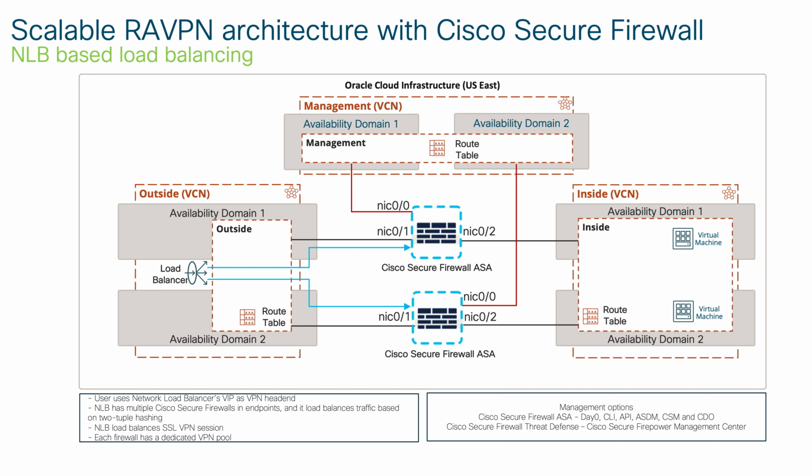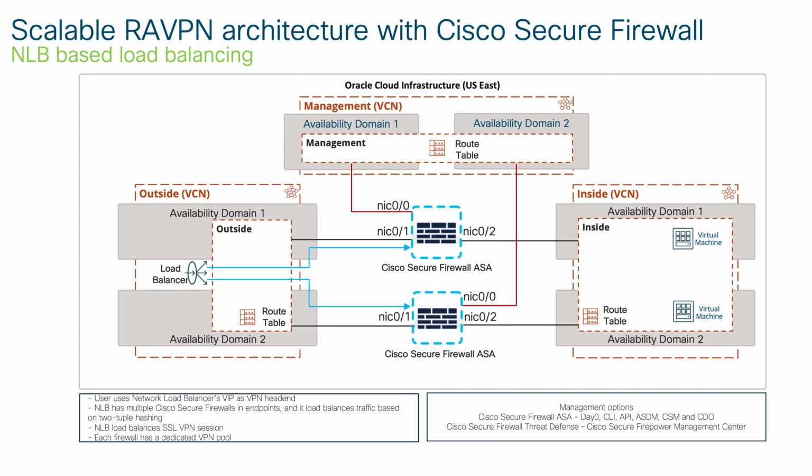You will have a dedicated VPN pool for each firewall. Instead of DNS, you are using a load balancer. But when you deploy this kind of architecture, you need to make sure that instead of 5-tuple load balancing on your load balancer, you will use 2-tuple hashing, because that is the preferred way of load balancing your traffic.